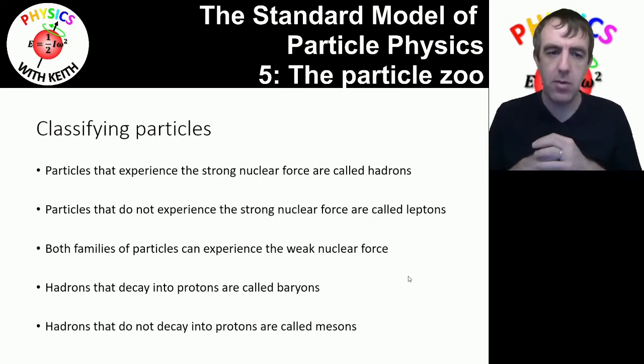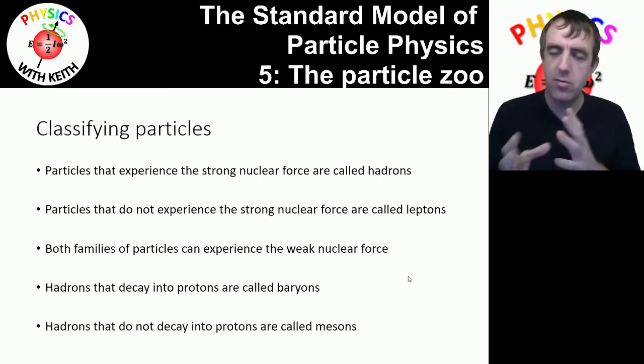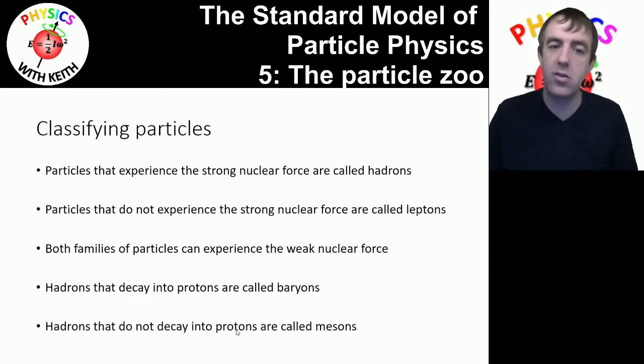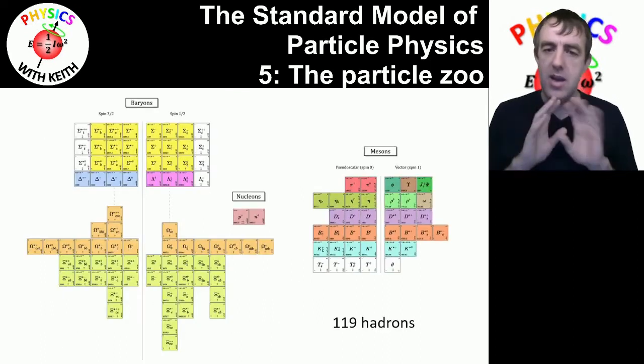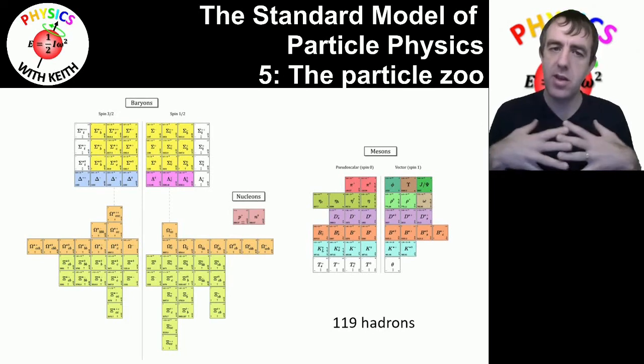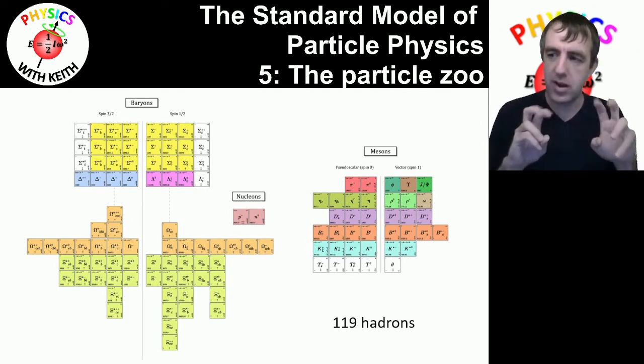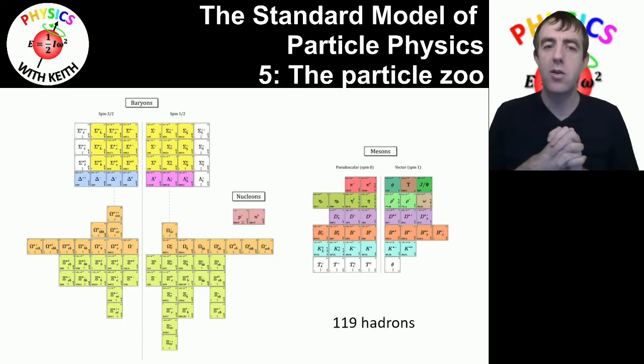Meso, medium. So these do have some sort of passing relationship to the mass of the particles, but it's not perfect. Instead, remember them in this way: baryons decay into protons, mesons don't decay into protons, but they do still feel the strong nuclear force because they are still hadrons.